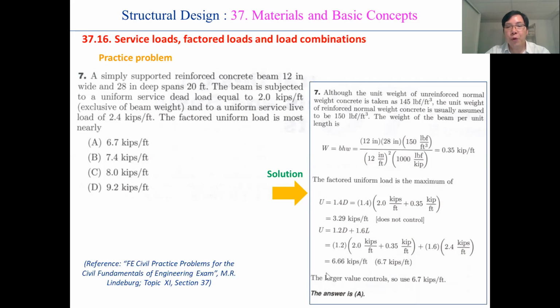The larger value controls between the two values that you have calculated, that is 6.7 kip per feet. So you compare the value with the solutions proposed, so that you can see the good answer in this case is 6.7 kip per feet.